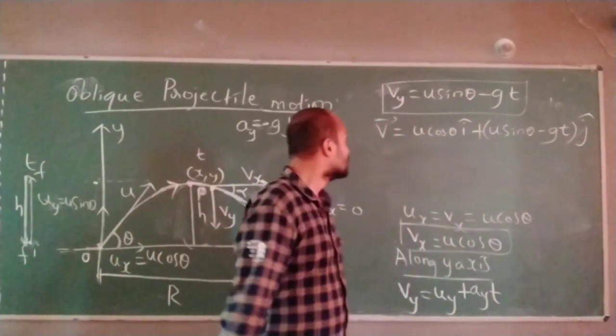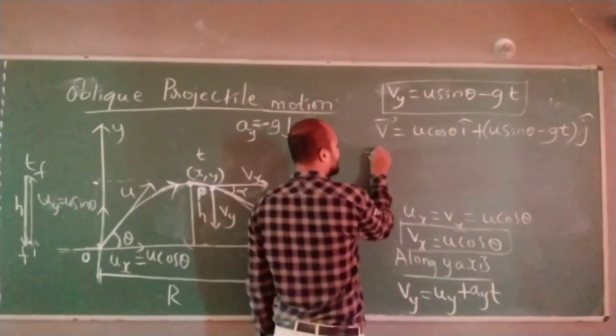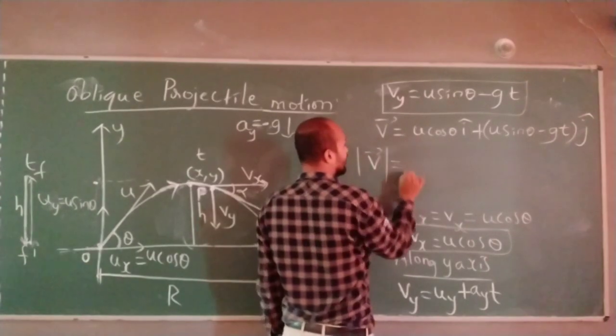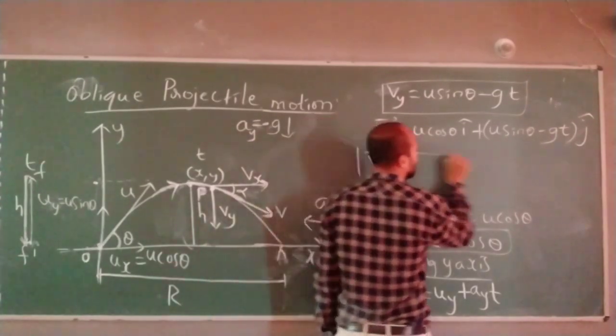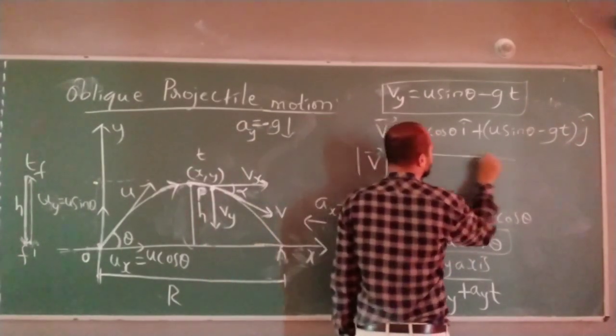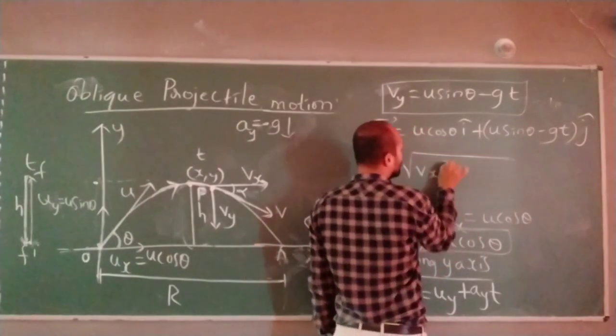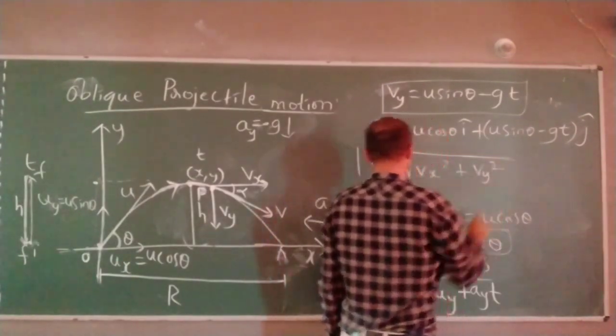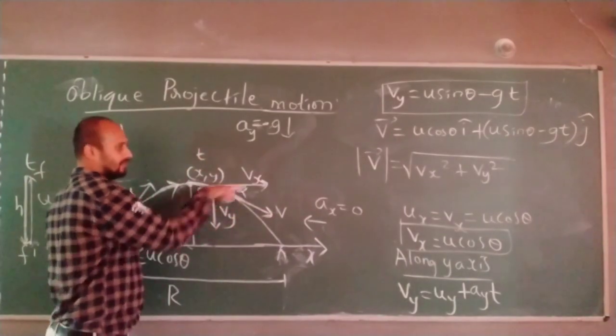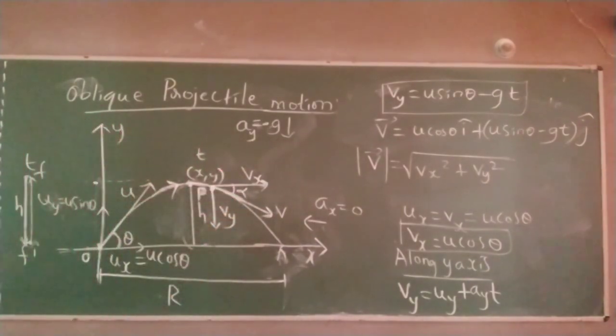Correct? So I can write the magnitude of this as the square root of vx square plus vy square. The magnitude of vector v will be the square root of vx square plus vy square.